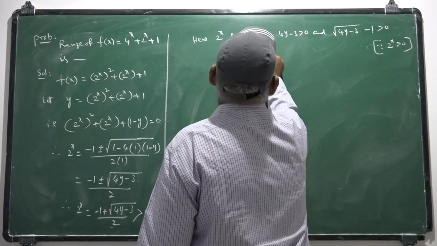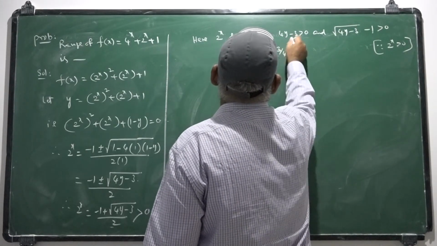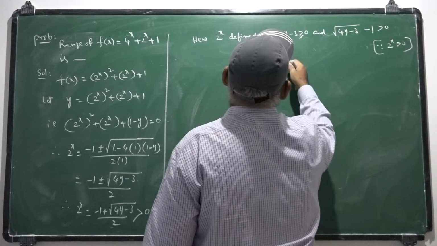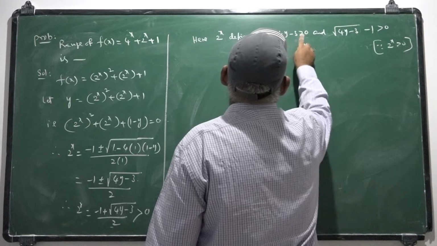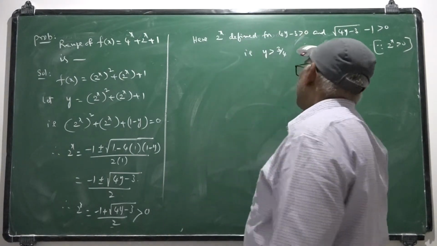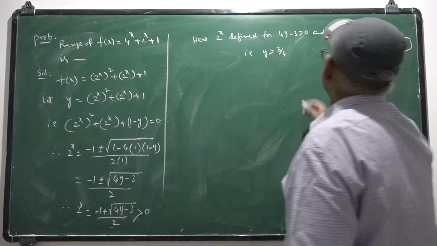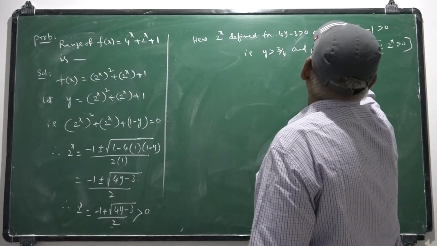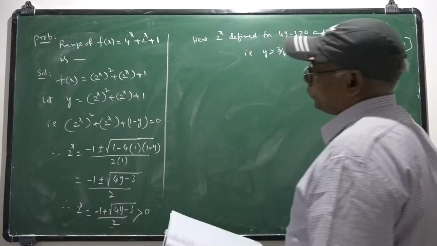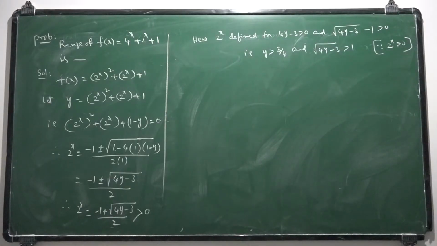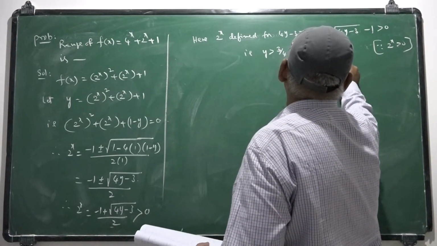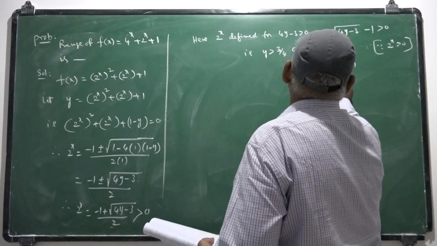That gives us y greater than or equal to 3 by 4, and that should be positive, meaning once it is 0 it is not possible, hence y greater than 3 by 4, and root over 4y minus 3 is greater than 1. 4y minus 3 greater than 1. That is y greater than 1.